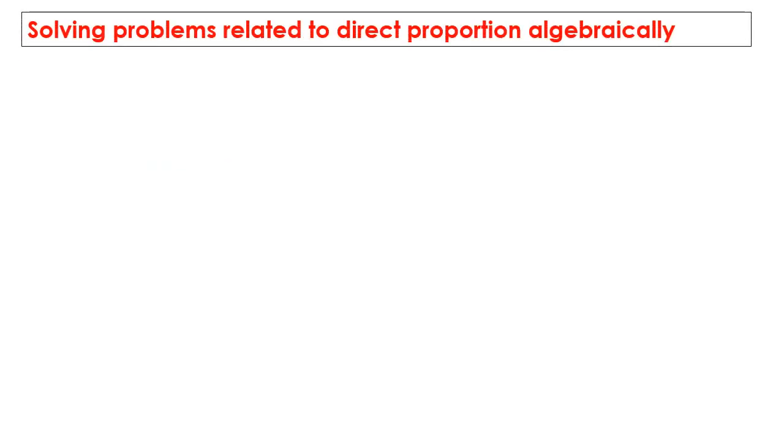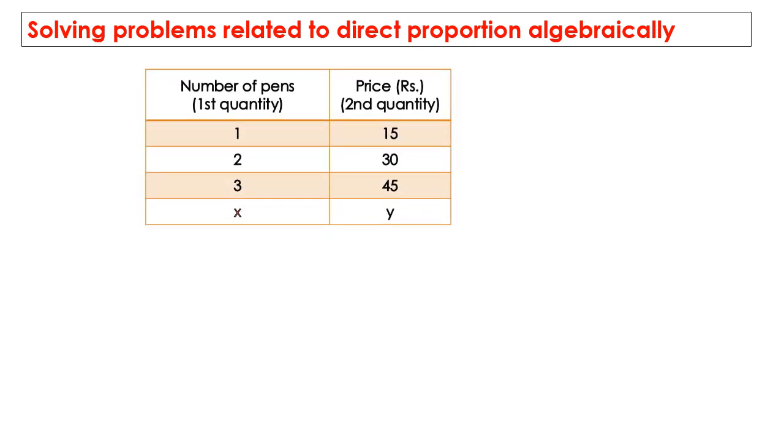Okay, solving problems related to direct proportion algebraically. Let's see how to solve problems related to direct proportions algebraically. To understand this, let's go through the table we discussed earlier once again, with the number of pens as the first quantity and the corresponding price as the second quantity.